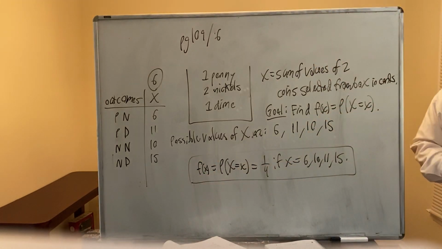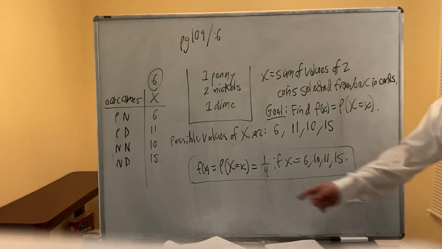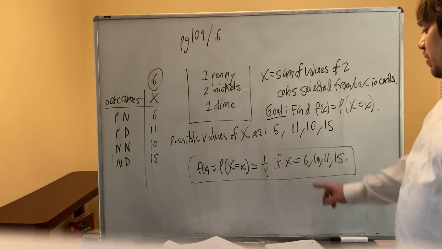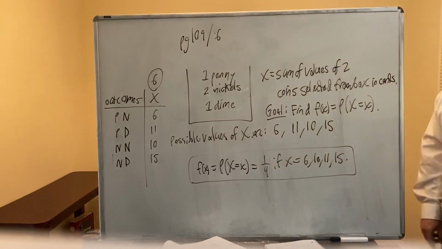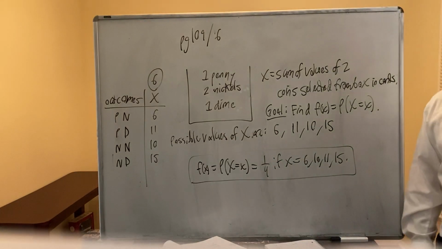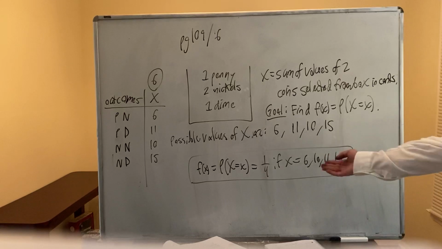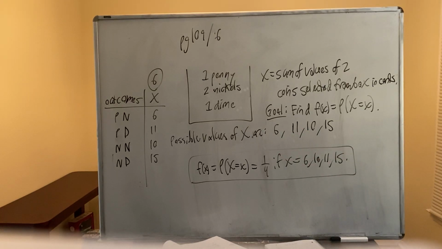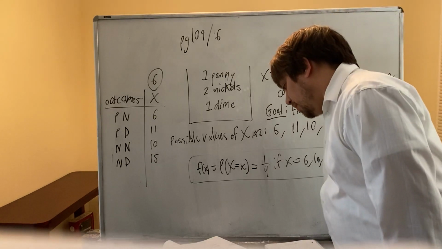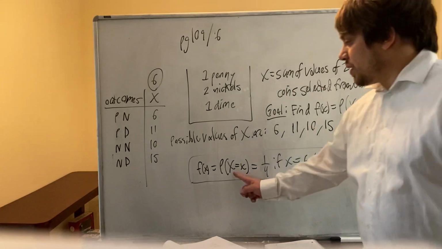So the probability that capital X, the sum, is equal to 6, 10, 11, or 15, each of those 4 values is 1/4, and it's 0 everywhere else. But it's only defined for those 4 X values. And so here we find the probability function of X.